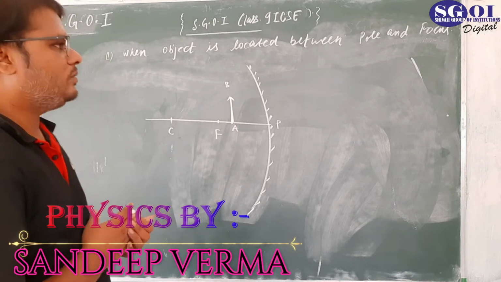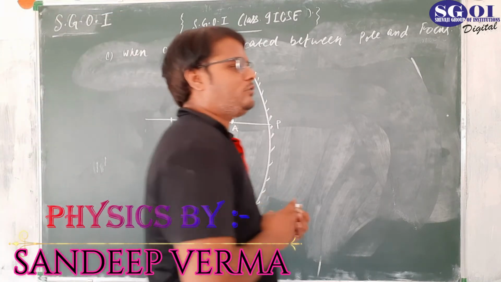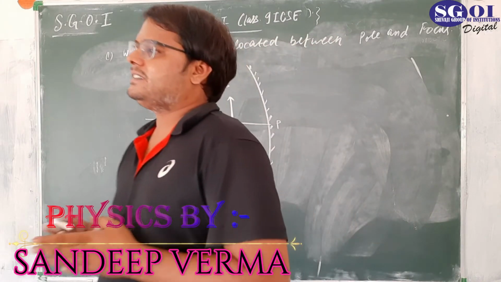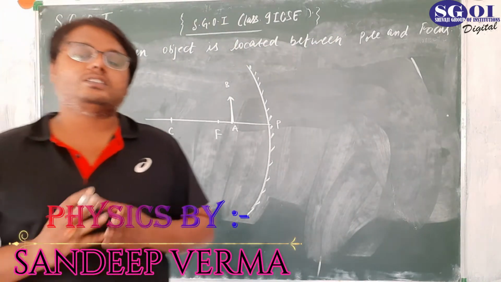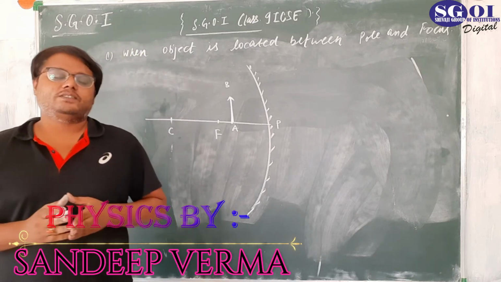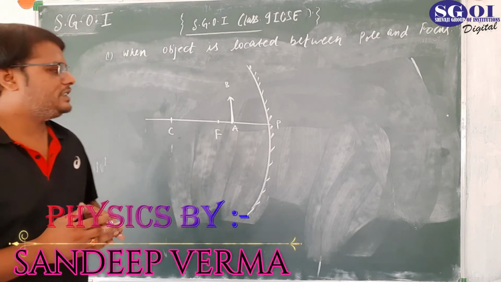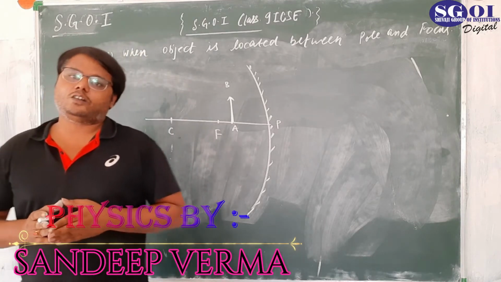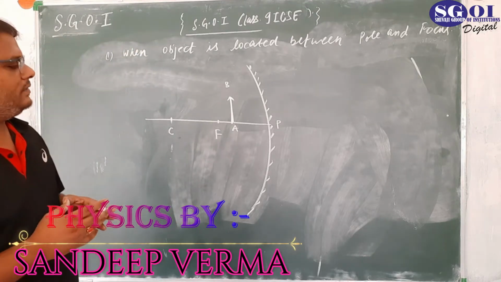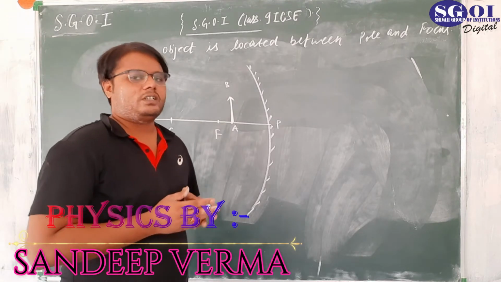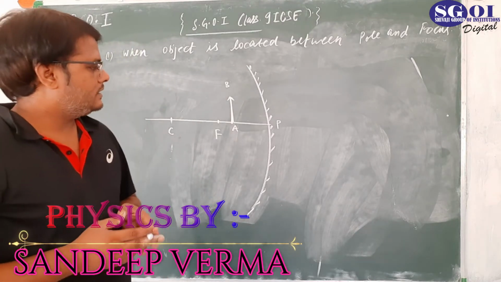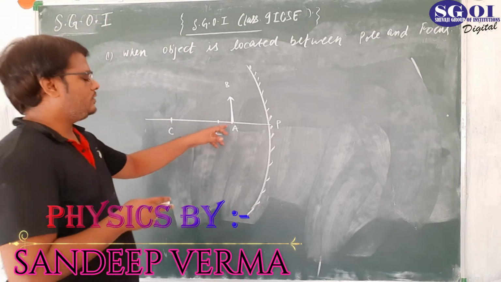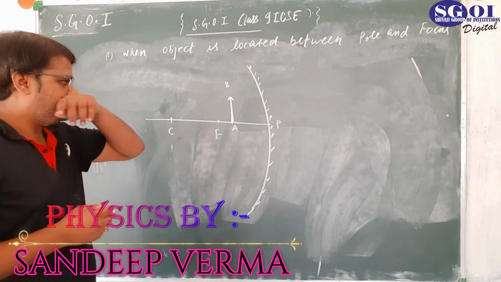Now for image formation, when does the image form? An image is formed whenever two reflected rays cut each other or seem to cut each other. If they cut in real, then the image formed is real, and real images are always inverted. And if the reflected rays only seem to cut each other, then the image formed is imaginary. So let's see how it goes.